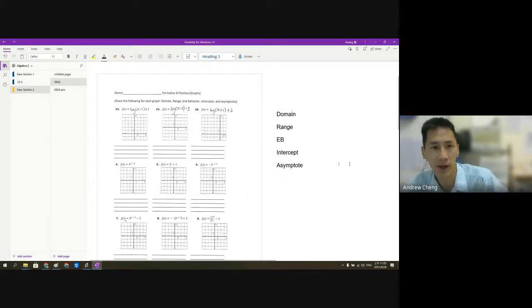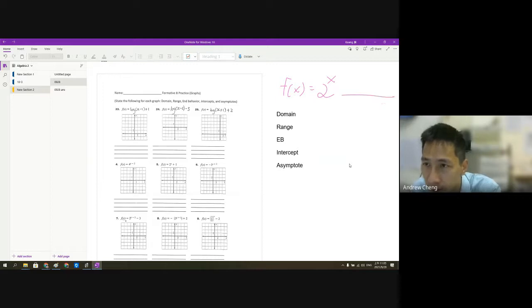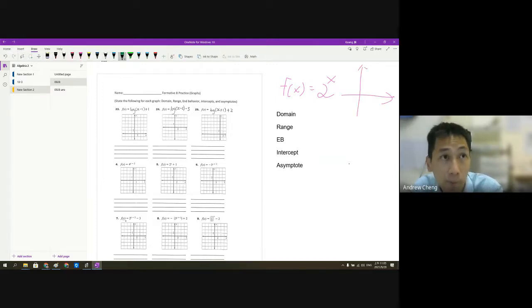If I have a function f(x) equals 2 to the power x, the function looks like this. It goes through the point (0, 1). The domain is for x. x can be any value, positive or negative, so the domain is all real numbers, or you can write from negative infinity to infinity.